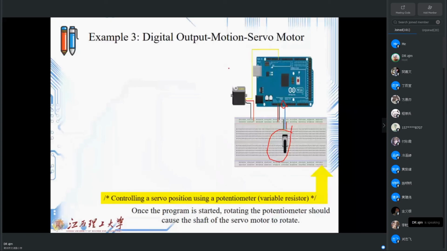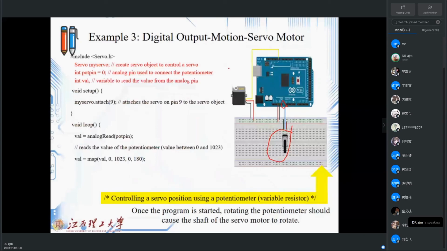First, I include Servo.h, and then my servo will take the pot pin of 0. Then in setup, I connect my servo motor to pin number 9. Then I should read the analog value. It's very simple: I just analogRead the value of A0.